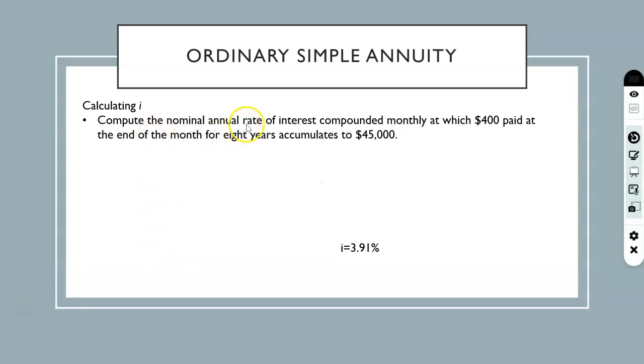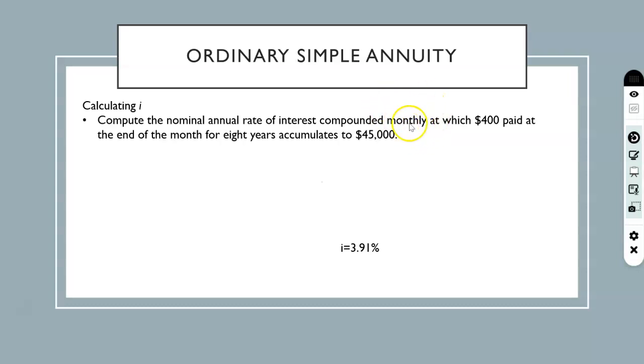Compute the nominal annual rate of interest compounded monthly at which $400 paid at the end of the month for 8 years accumulate to $45,000. So you have to find the nominal annual rate, that is J, compounded monthly.